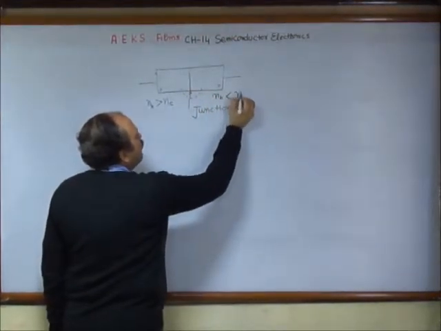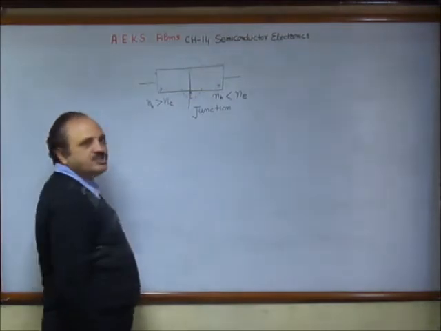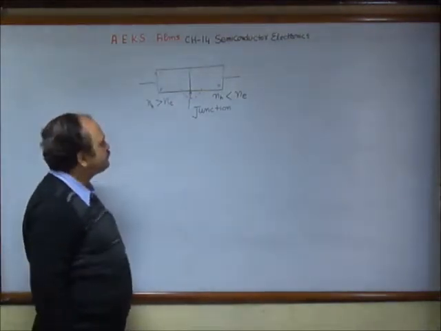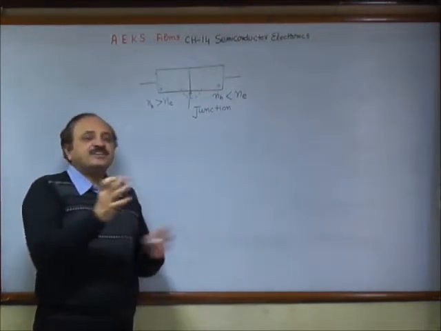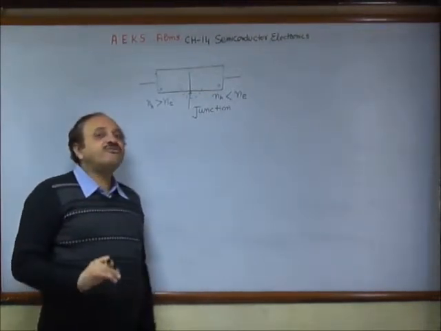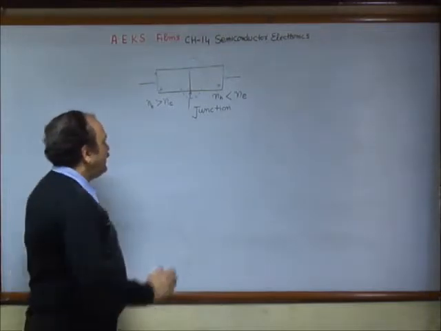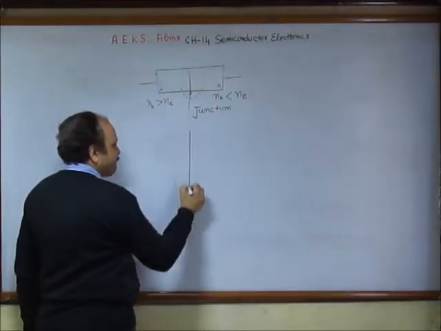The number density of holes is less than the number density of free electrons. And at the junction, this difference creates a process called the diffusion process. Let's understand this in detail.